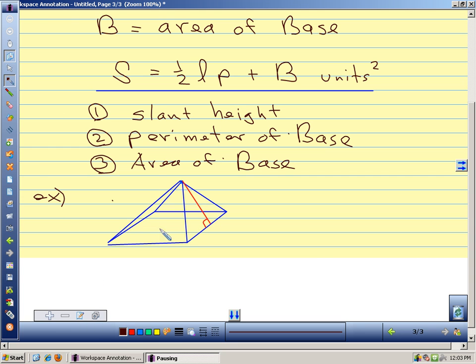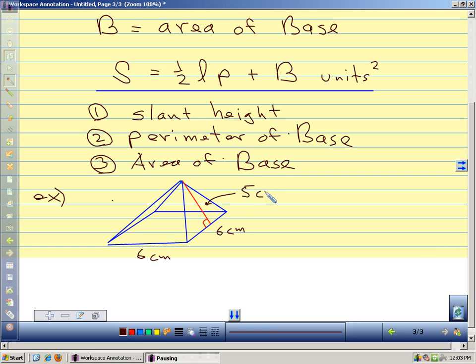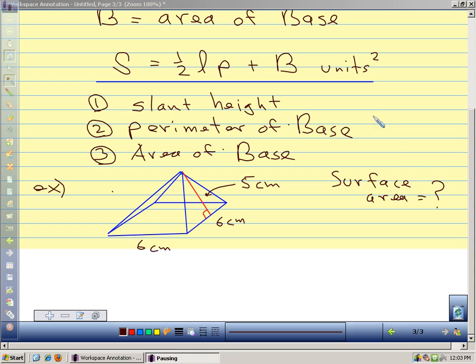This is 6 centimeters by 6 centimeters. And this is 5 centimeters. And we want the surface area. So whenever we find our surface area, we need our slant height, perimeter of the base, and the area of the base.